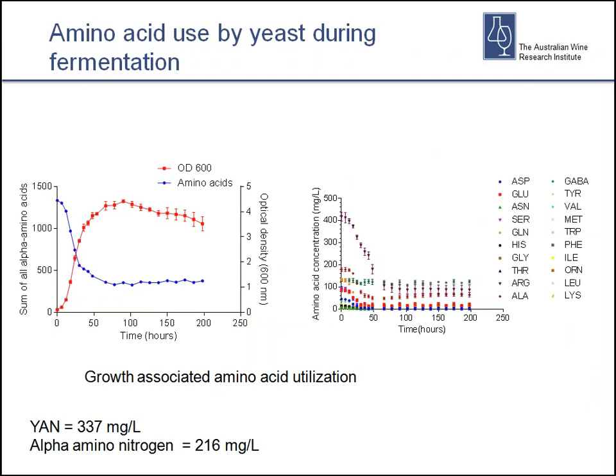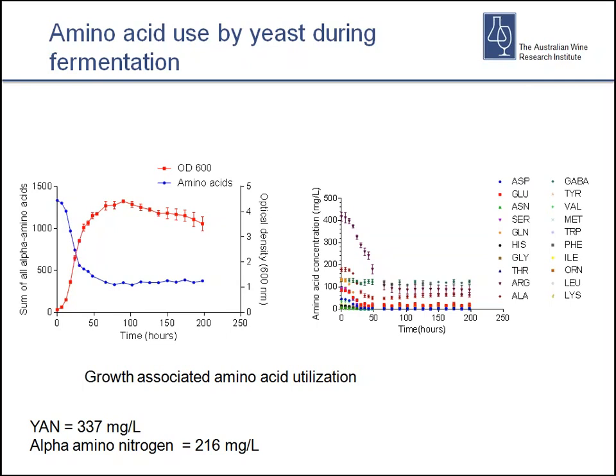The way that nitrogen demands tie together to cellular reproduction can be seen in this data set. The left-hand graph shows biomass formation during fermentation in red, and total nitrogen utilisation, or in this case mainly amino acid utilisation, in blue. Almost all ammonia present as part of the YAN is used very quickly by yeast, and the remainder of the residual nitrogen then is all amino acid.